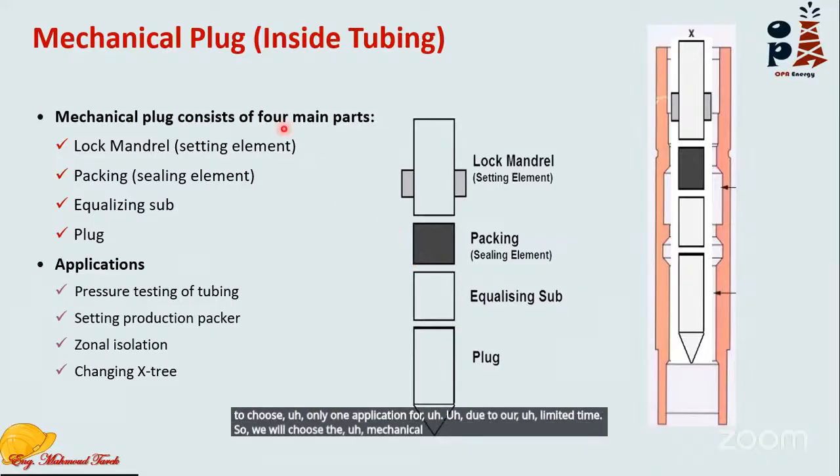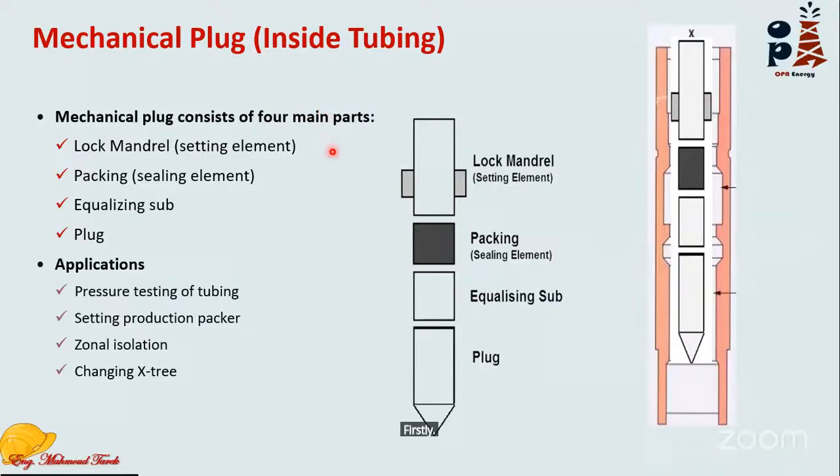To choose only one application, due to our limited time, we will choose the mechanical plug. How do we install this mechanical plug inside the tubing? Firstly, what is the plug here? The plug consists of four main parts: the lock mandrel, the backing, the equalizing sub, and the plug itself.